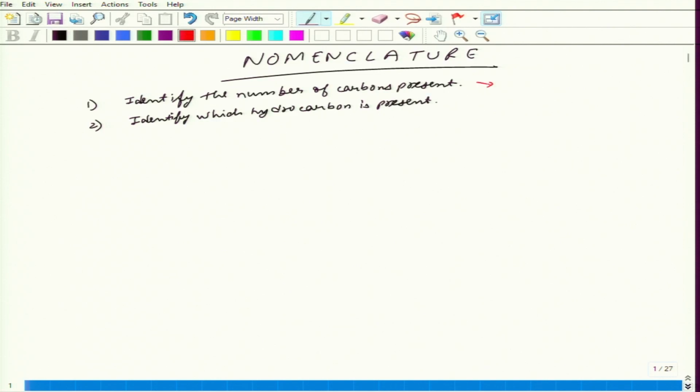For example, if the number of carbons is 1, it will be called meth, 2 eth, 3 prop, and so on.